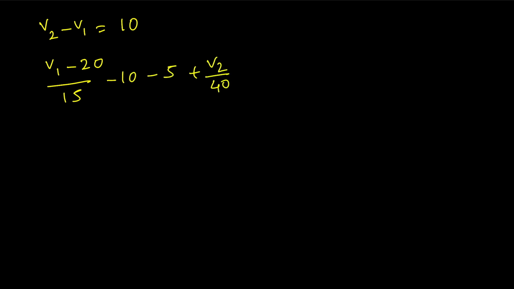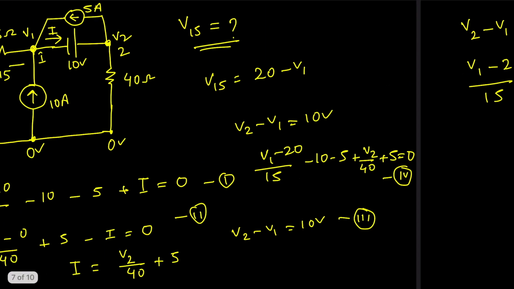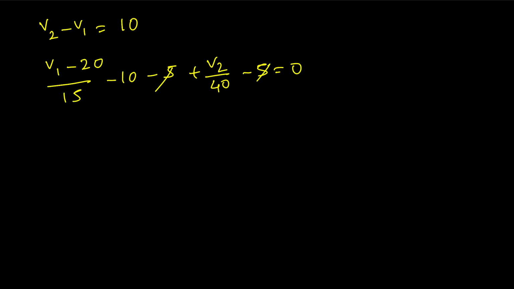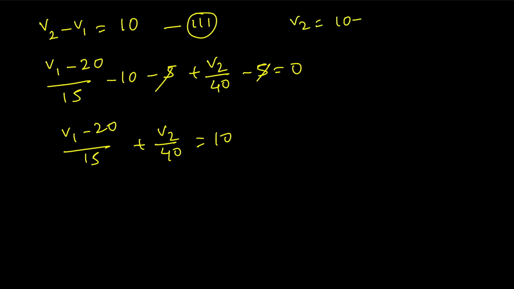So equation 3 is V2 minus V1 equal to 10 volt. And equation 4 is (V1 minus 20) by 15 minus 10 minus 5 plus V2 by 40 minus 5 equal to 0. So 5 cancels out. That means (V1 minus 20) by 15 plus V2 by 40 equal to 10, and from equation 3 we can write down V2 equal to 10 plus V1.